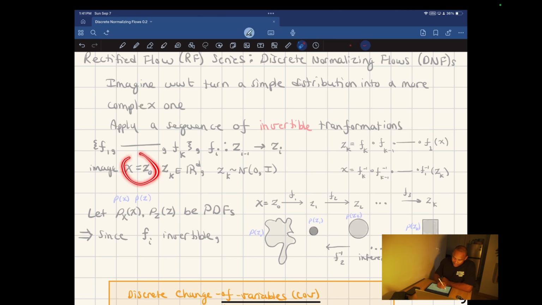We'll say x equals z_0. Those are both our image. I'm using z_0 because it's just going to follow the rest of the z's.